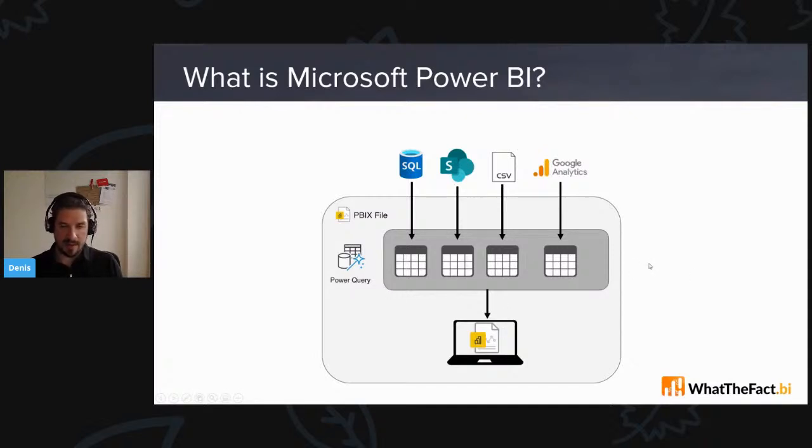And like this, I can mix and match all the data from these more than 150 different data sources. I can analyze them, I can combine them. And this is a really, really big strength. Other tools are really struggling with this point. And Microsoft made it so easy to import and transform the data here.